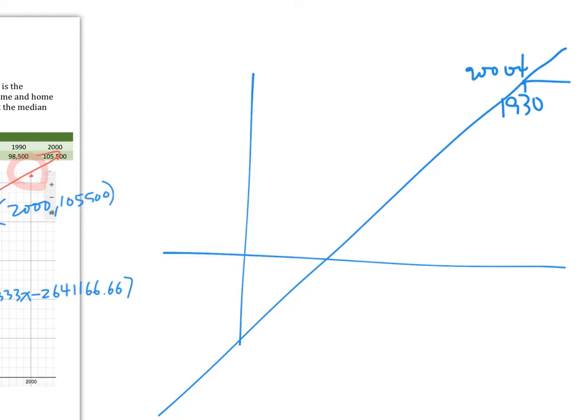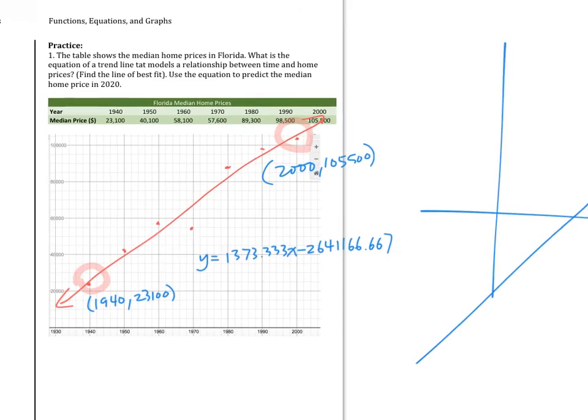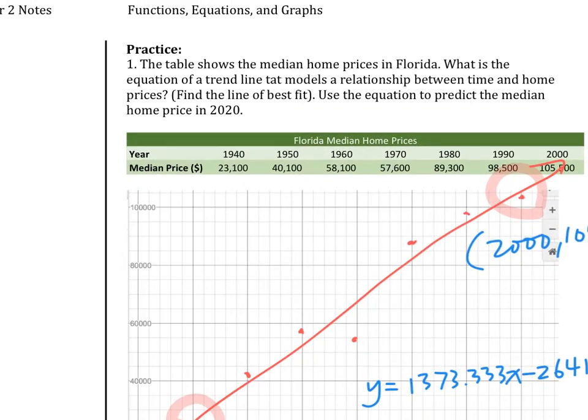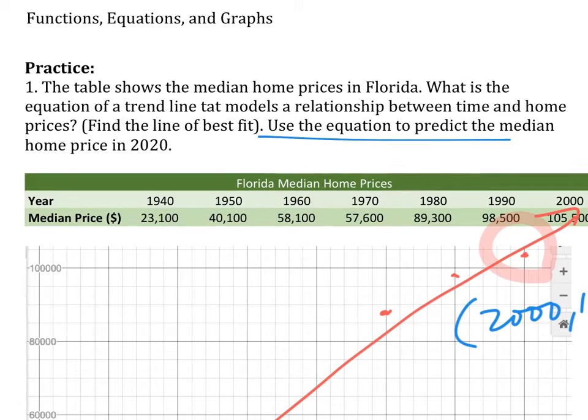Okay, so now what we're going to do is we are not just making these lines for fun. We are actually going to use these lines to predict. So this question says, what would be the actual home price in 2020, which is next year, if we continue this trend? So how would you do that?